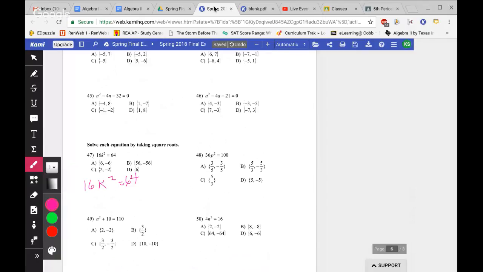You have to subtract or add. In this case, I'm going to divide on number 47. Right. And what am I going to divide? 16. You are going to divide by 16, because if you're trying to isolate the k squared, what is being done to the k squared right now? It's being multiplied by 16.